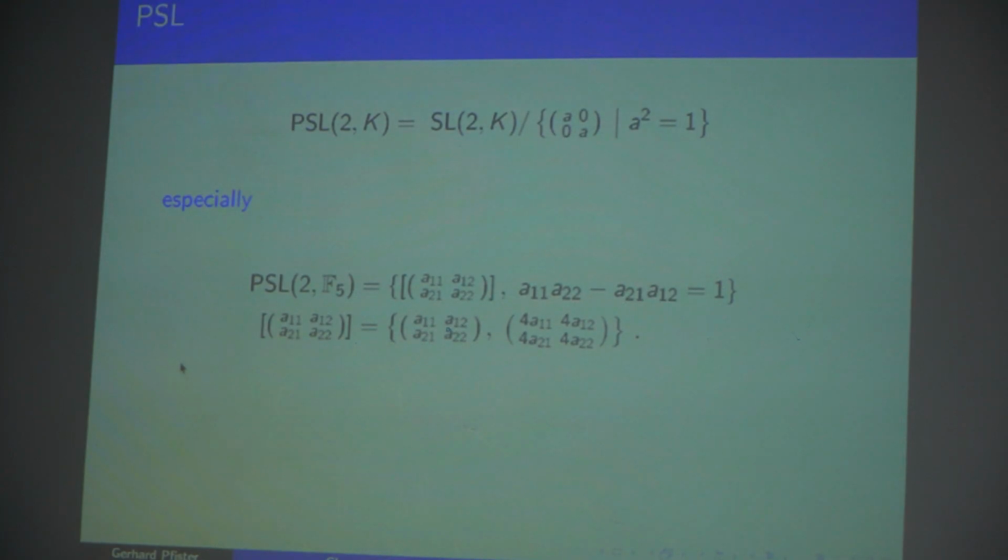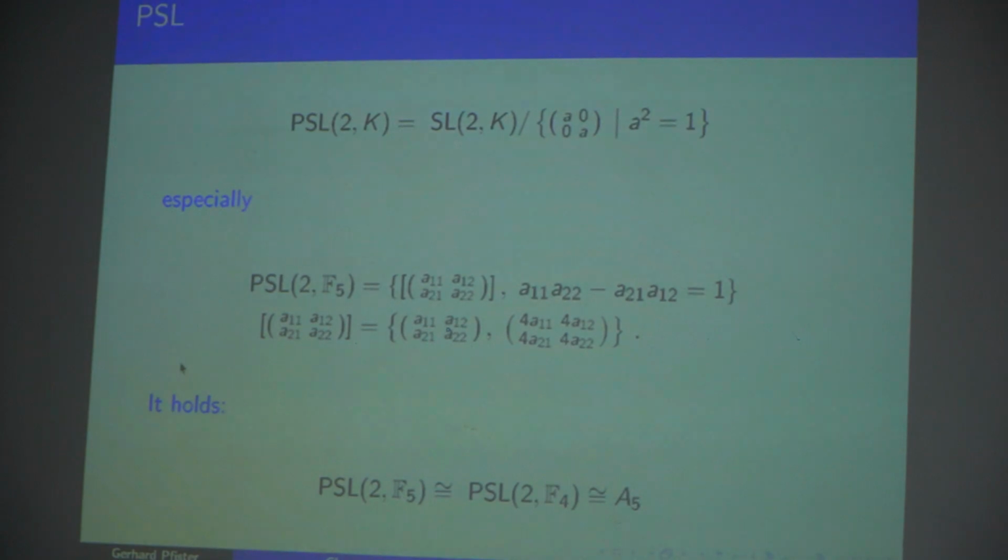And in such a class are, in this case, exactly 2 matrices. A remark which may be interesting is that the projective special linear group PSL2F5 is isomorphic to the alternating group A5.